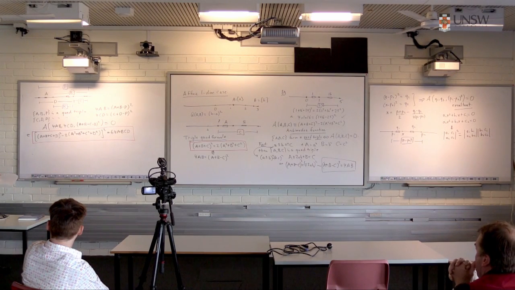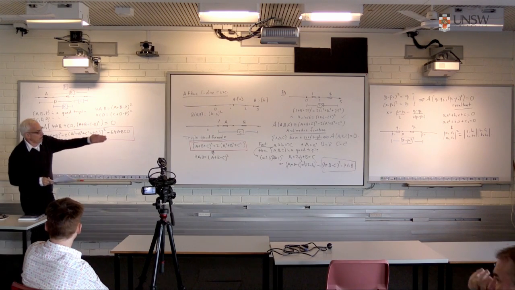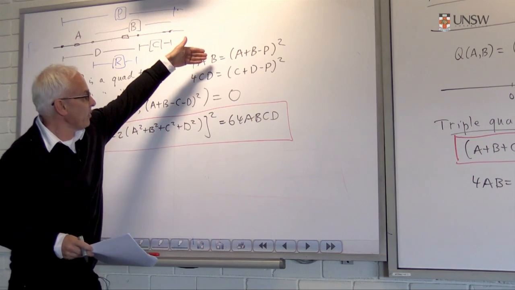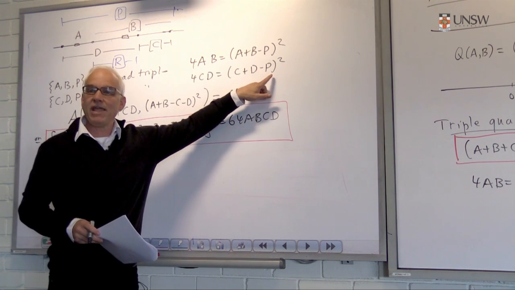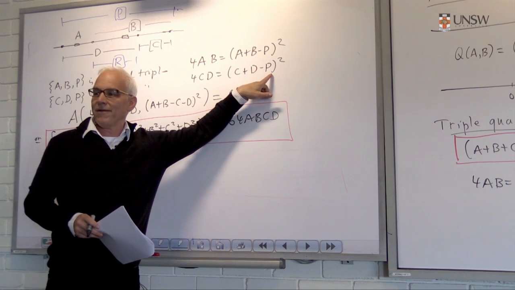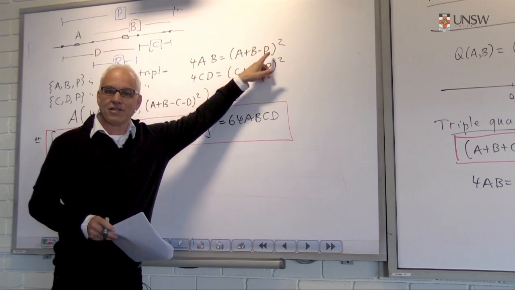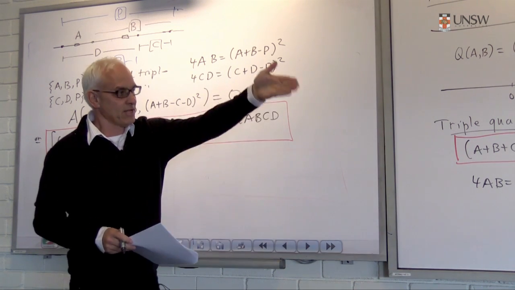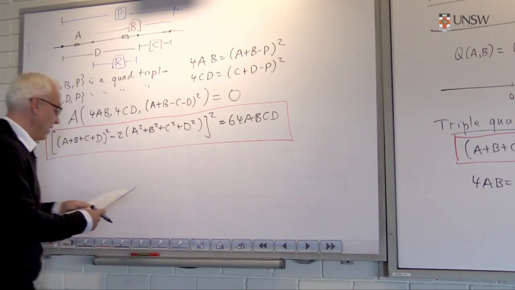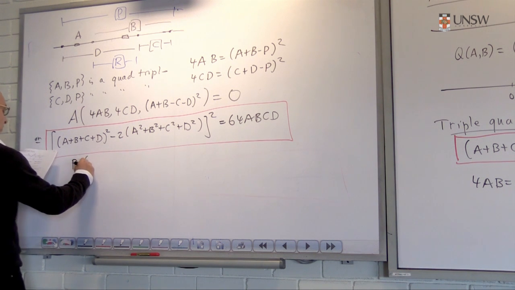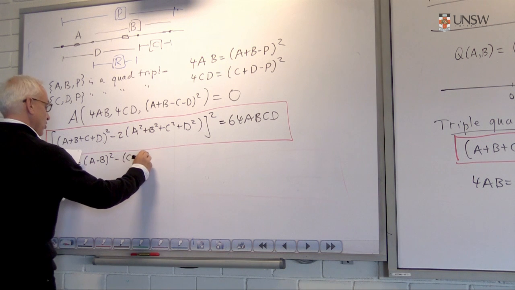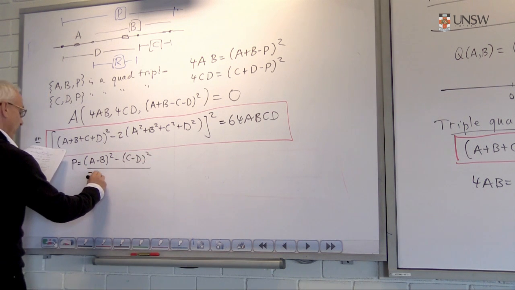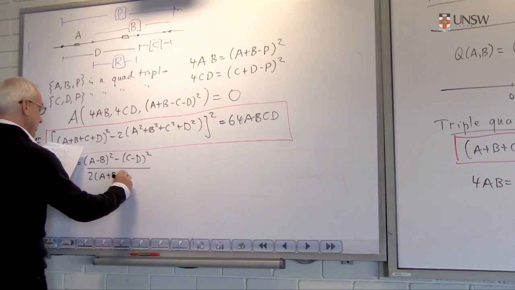There's a few other things that we can deduce. Because we have 2 quadratic equations, we can not only tell what the condition is, but we can actually solve for P without using the quadratic formula. That's the common solution, so we can take the difference between these 2 equations, solve for P, and we get P equals a minus b squared minus c minus d squared over 2 times a plus b minus c minus d.